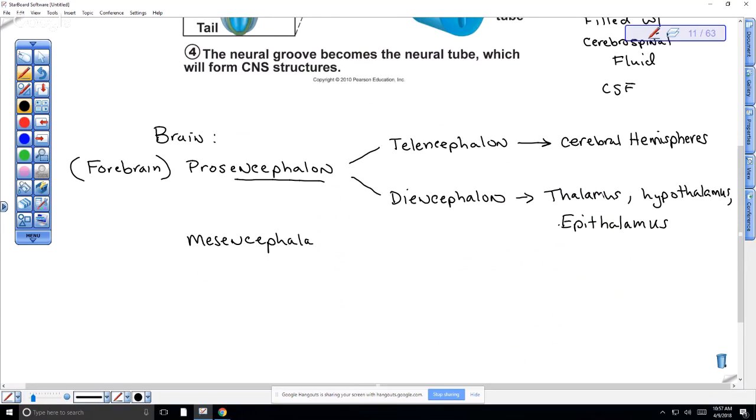That's an O. This is my midbrain. And then we have what is called the rhombencephalon, and this is my hindbrain.